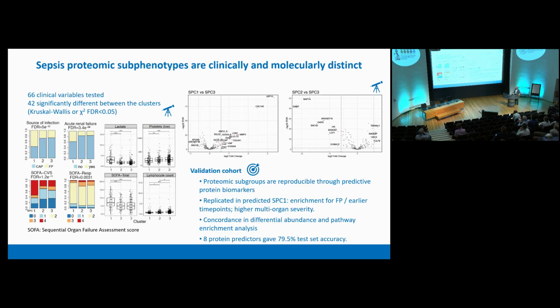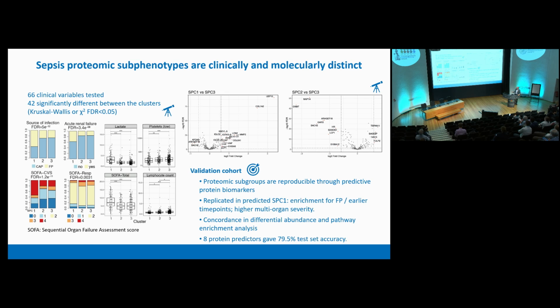So you can think about the clusters then in terms of more refined measures of underlying organ dysfunction and the particular state of the patient, and we can get measures of this for different organ systems based on your SOFA score, or sequential organ failure assessment score, and see the particular relationships.